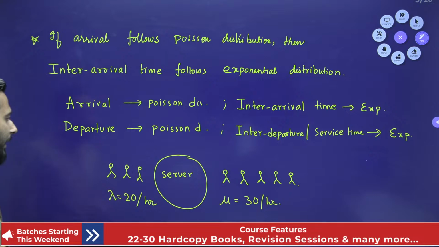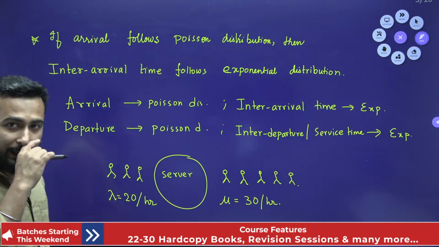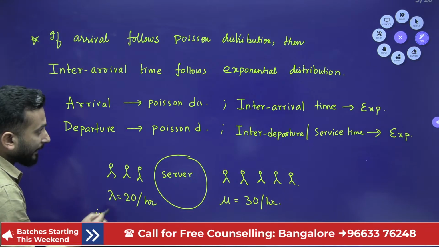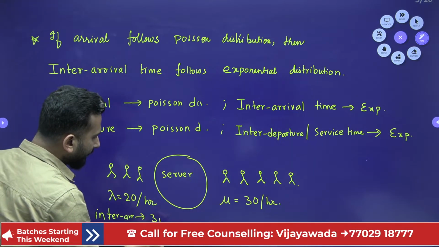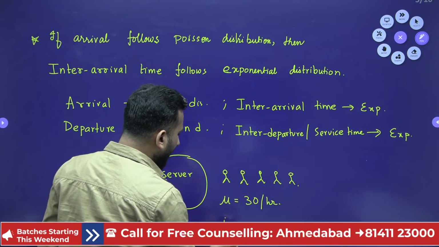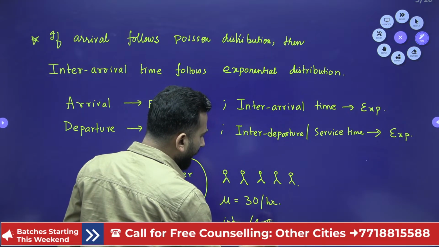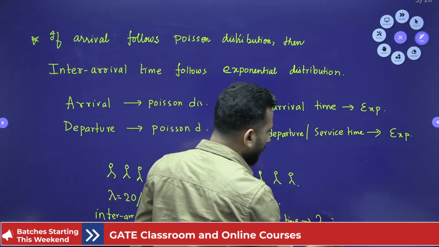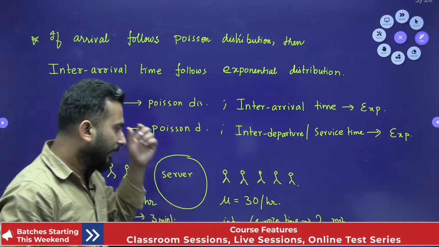So I can say that every 3 minutes one person is coming. So what is inter-arrival time? Your inter-arrival time is 3 minutes. Yes or no? And here I can say that your inter-departure time, or let me write service time, is 2 minutes. Every 2 minutes one person is leaving, so in 60 minutes, 30 persons. ठीक है? So this is all about it.